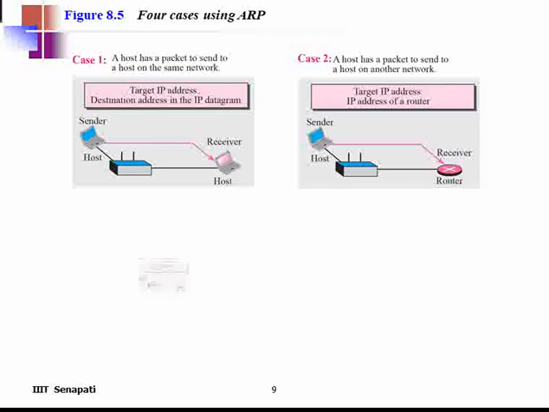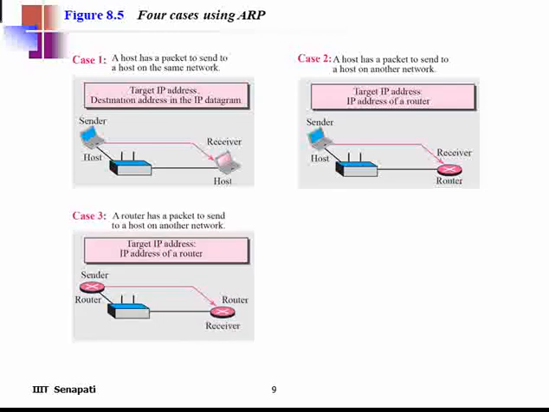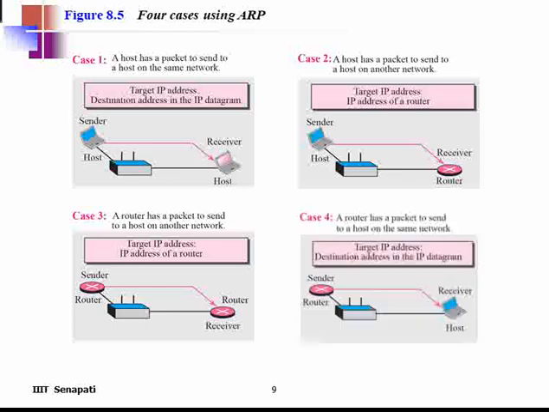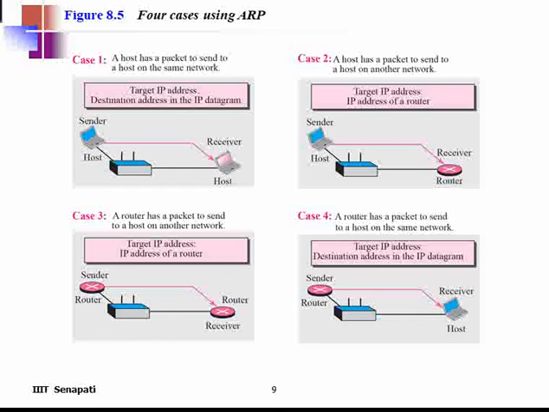The third case is if a router is sending to a host which is not on a nearby network. For this, it has to go through another router. In that case, we are keeping the IP address of a router. The fourth case can be when the router gets to the receiver. In that case, the target IP address will be the destination address of the IP datagram.